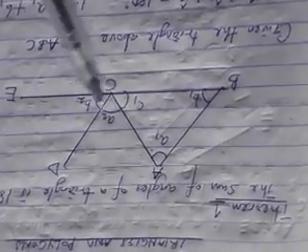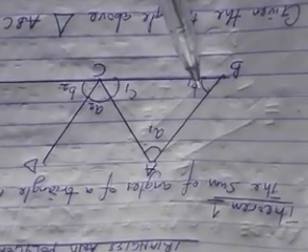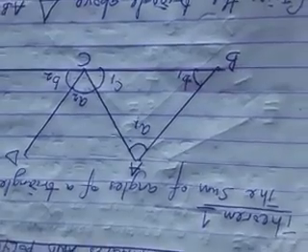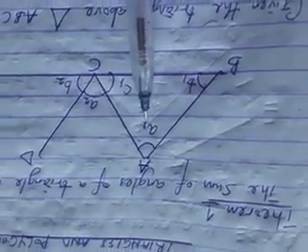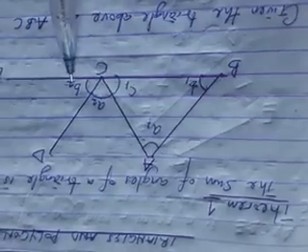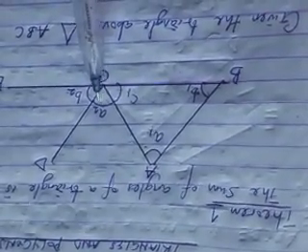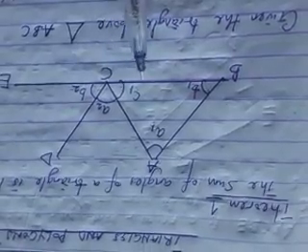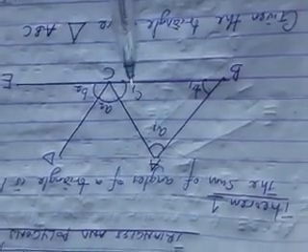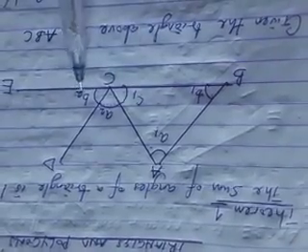Now, if A1 plus B1 plus C1 equal to 180 degree, don't forget A1 and A2 is the same thing. B1 and B2 is the same thing. Therefore, C1 plus A2 plus B2, when you add these 3 together, you should be able to get 180 degree.